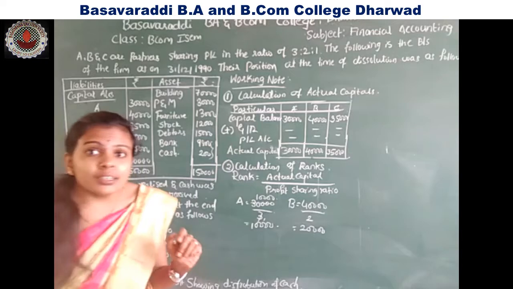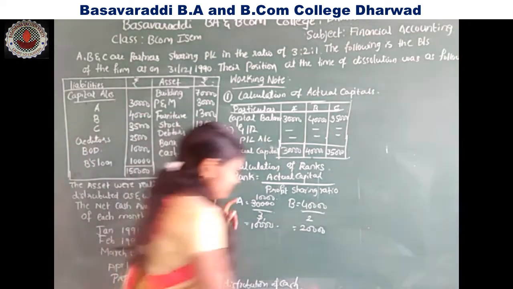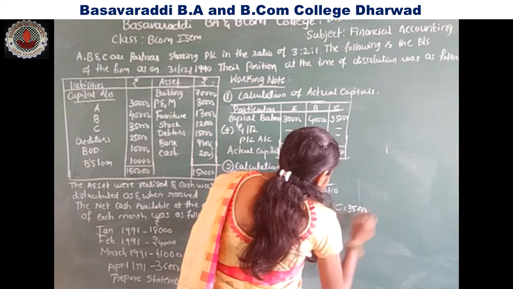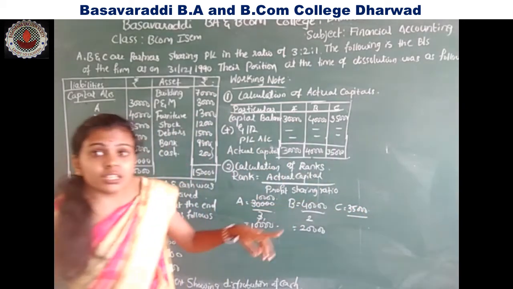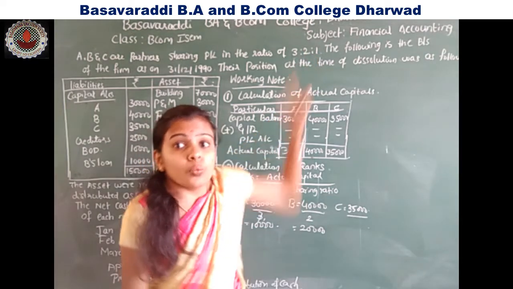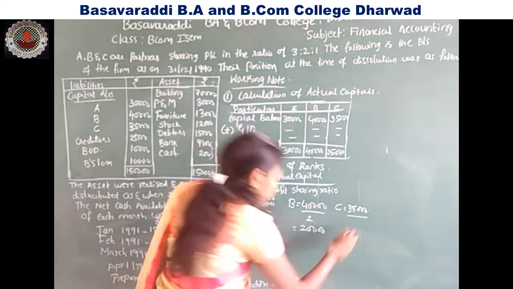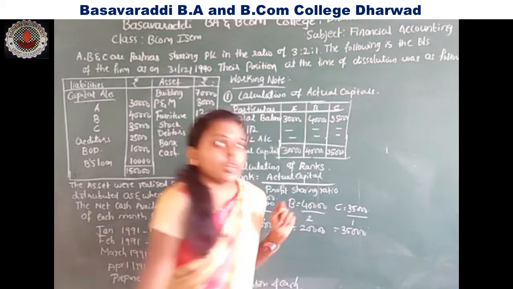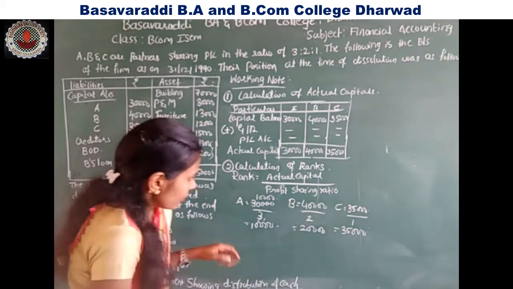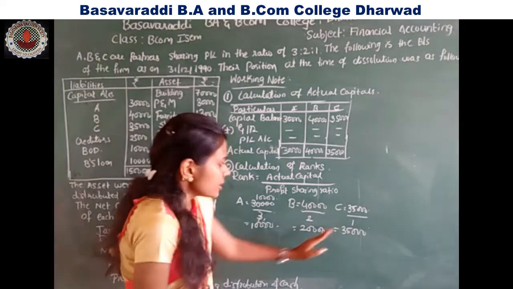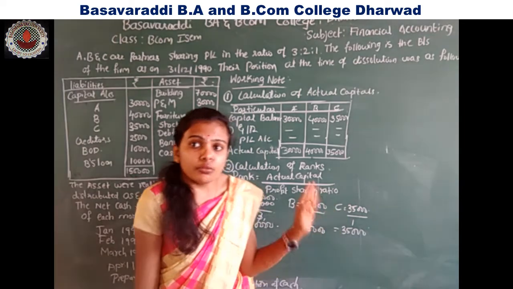And third partner, partner C: 35,000 divided by profit sharing ratio 1, that is 35,000. Now ranks: A 10,000, B 20,000 and C 35,000.